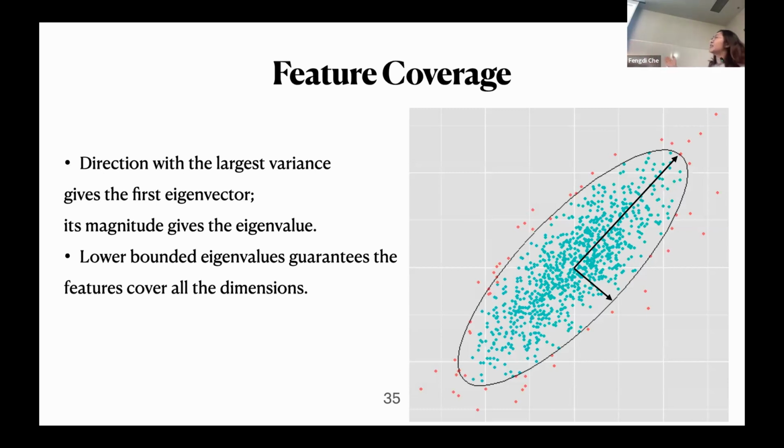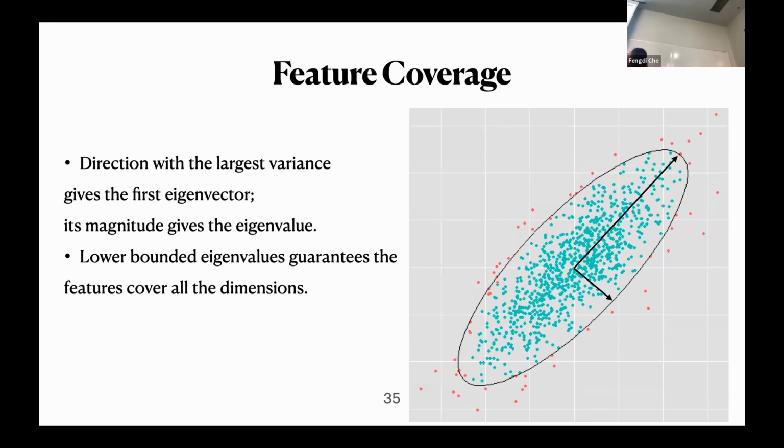The direction with largest variance will give us the first eigenvector for that feature matrix. And the magnitude of this eigenvector will be the eigenvalue. And then we go to the second direction with the second largest variance, which is perpendicular to the first eigenvector. This will give us the second eigenvector, and its magnitude, the second eigenvalue.